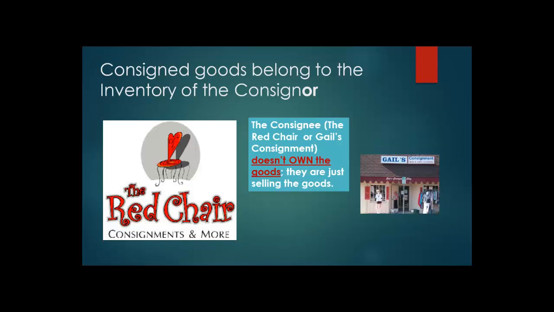Consigned goods belong to the inventory of the consignor. The consignee, the shop, the store, the Red Chair consignment shop, Gale's consignment shop, does not own the goods. They are just selling the goods. So when it's time for physical inventory, Gale's consignment shop should not include items that belong to the consignor.